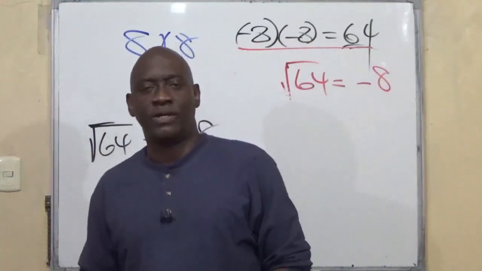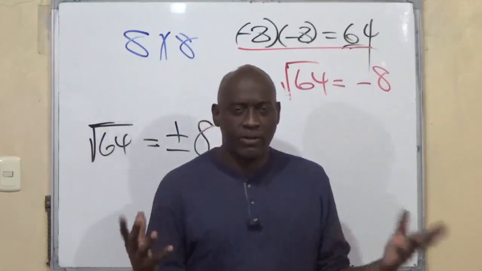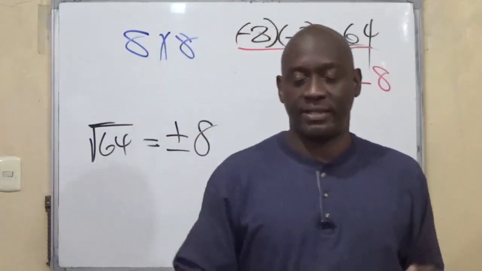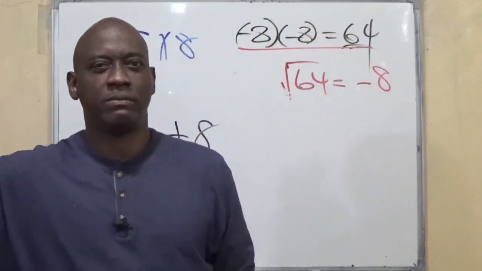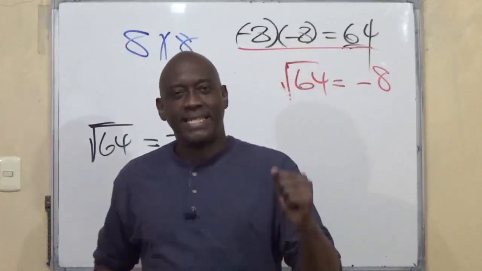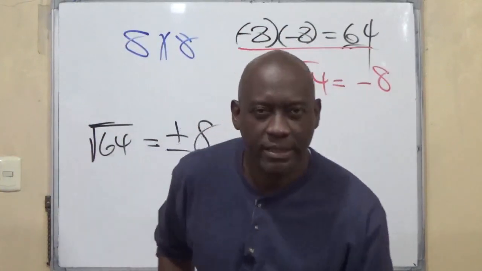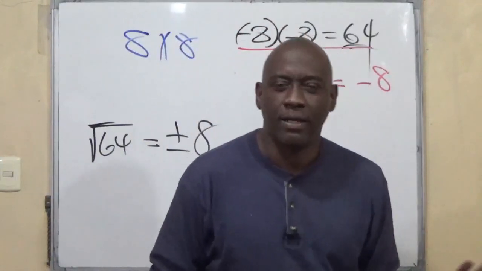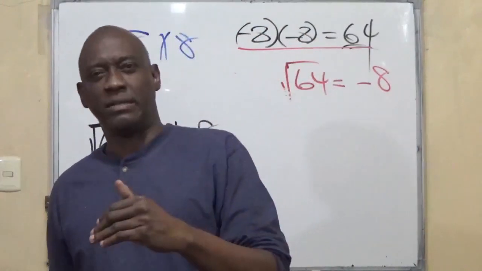So, quick examples. Square root of 121, plus or minus 11. The square root of 100, plus or minus 10. The square root of 256, plus or minus 16. The square root of 289, plus or minus 17. The square root of 169, plus or minus 13.